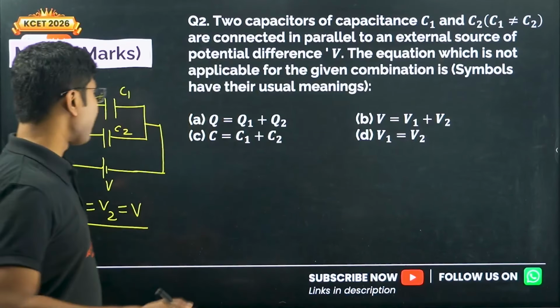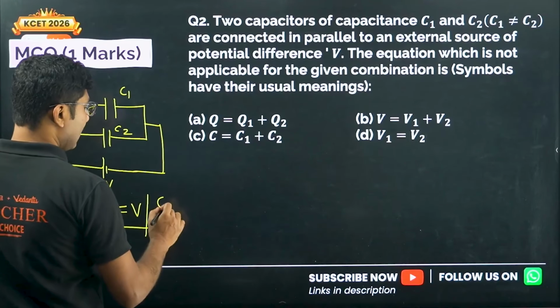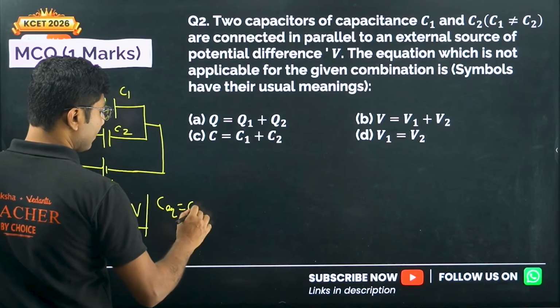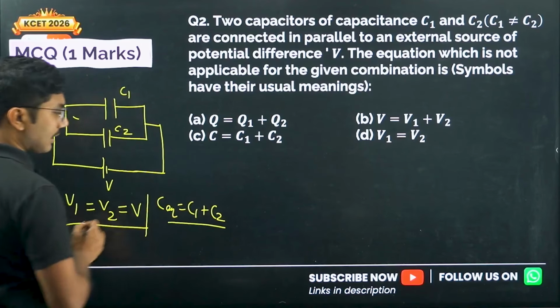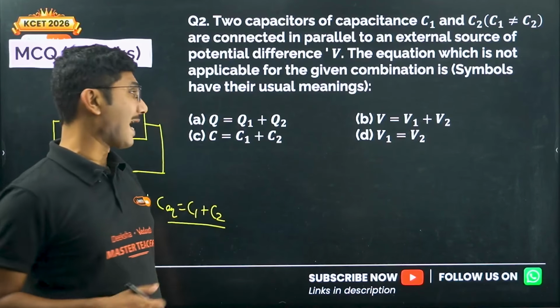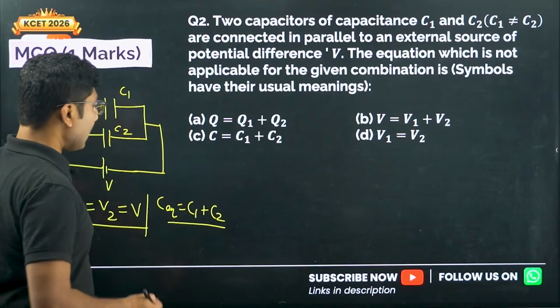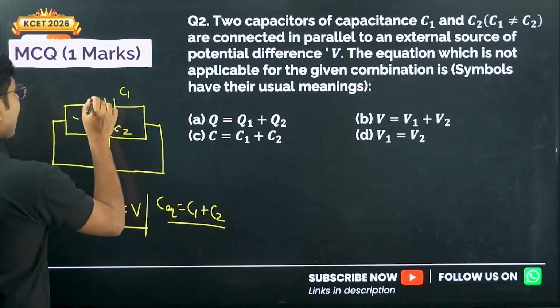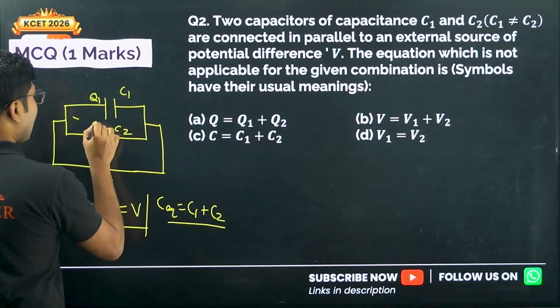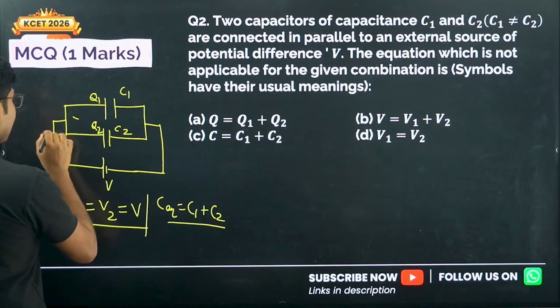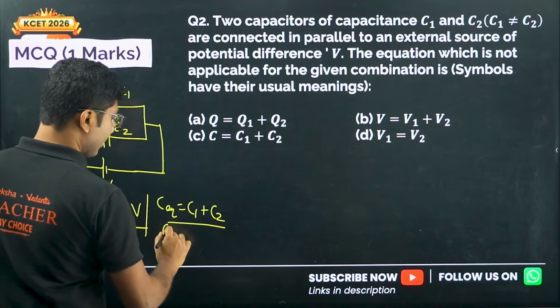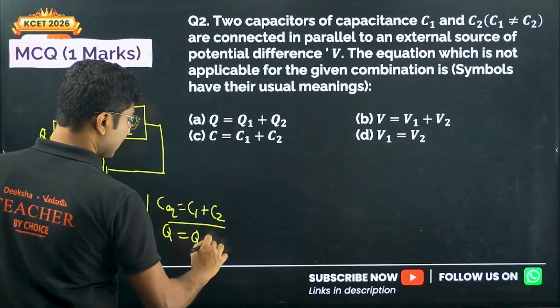Also, in case of capacitors, we know that C equivalent should be equal to C1 plus C2. In parallel combination of capacitors, capacitance is added. And obviously, what about the charges? If the charge on this is Q1, the charge on this is Q2, and the total charge is Q, then Q equals Q1 plus Q2.